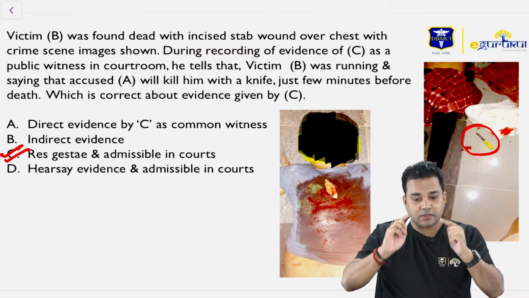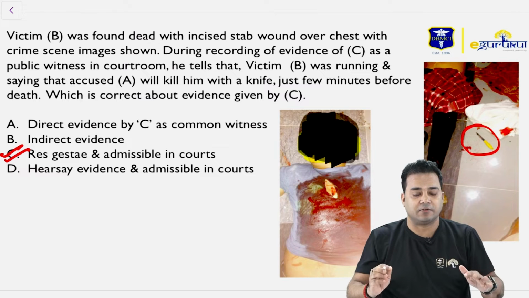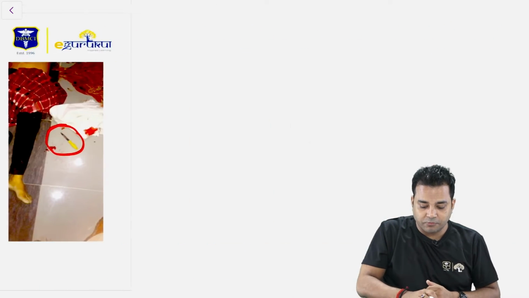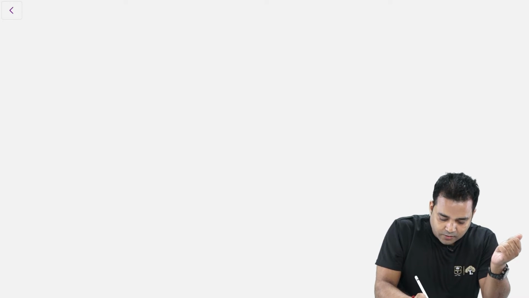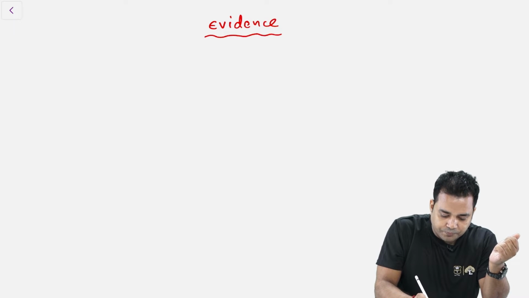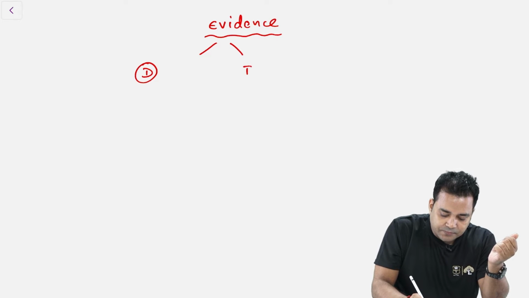Now to solve this question and any such question in future exams, we should be very sound in this topic of what are the types of witnesses, what are the types of evidences. So we will draw a simple flowchart to solve any such questions. If I have to divide this topic of evidence, I can divide it into direct and indirect evidence.